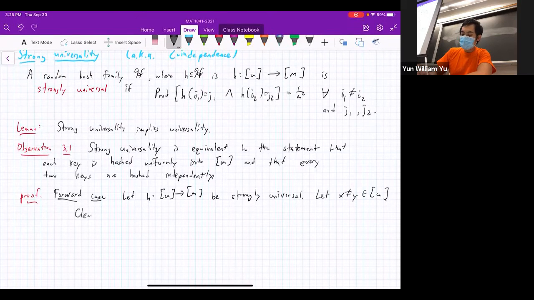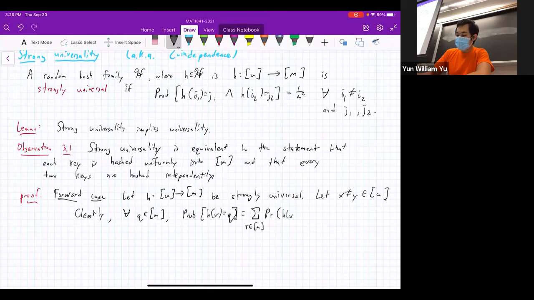So clearly, when that's the case, for all q in M, the probability that h(x) is equal to q is equal to the sum over all r in M of the probability that h(x) is equal to q and h(y) is equal to r.